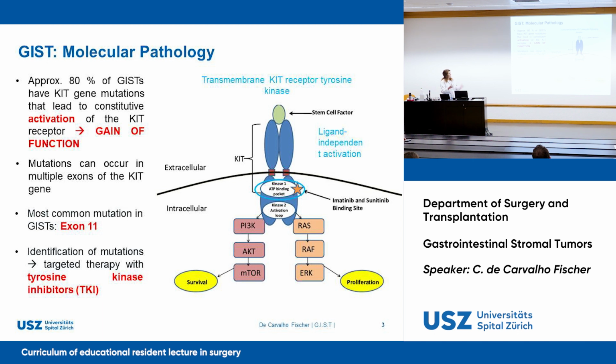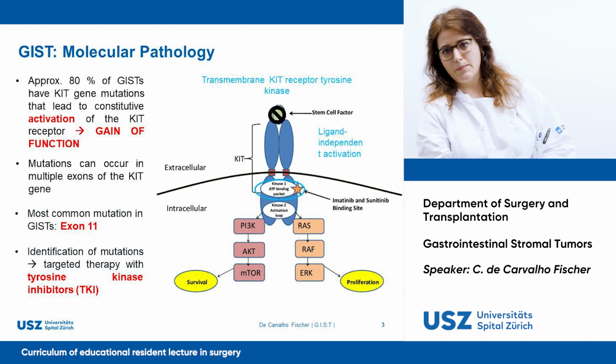Mutations can occur in multiple exons of the KIT receptor gene, and they mostly lead to a ligand-independent activation. What does this mean? This means that the stem cell factor that would normally be required to activate the receptor and to activate these pathways of survival and proliferation is no longer needed and the receptor functions merely on its own.